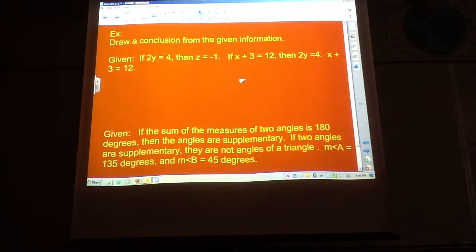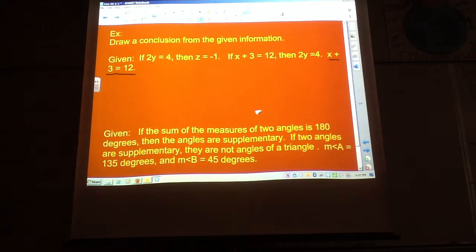Let's see, draw a conclusion from the given information. If 2y equals 4, then z equals negative 1. Then we have if x plus 3 equals 12, then 2y equals 4. And then we're given x plus 3 equals 12 here, and we're supposed to conclude something from this.